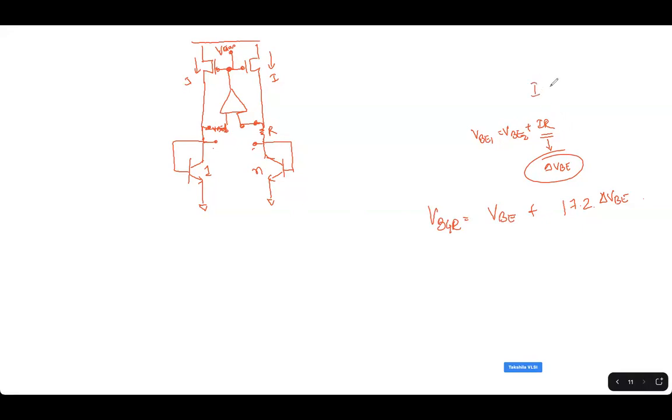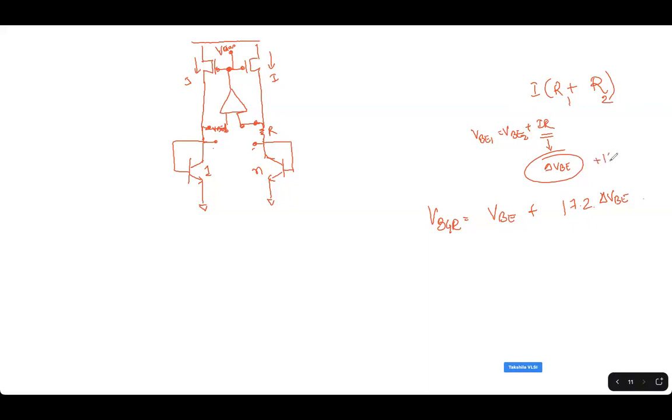How about I do I into R plus some bigger R. Let's say I'll name it as R1 and R2. This is the 1 del VB.